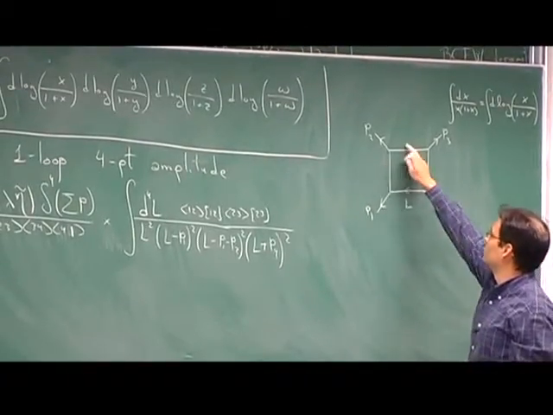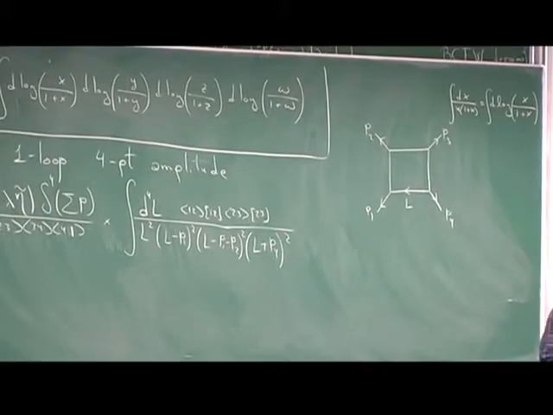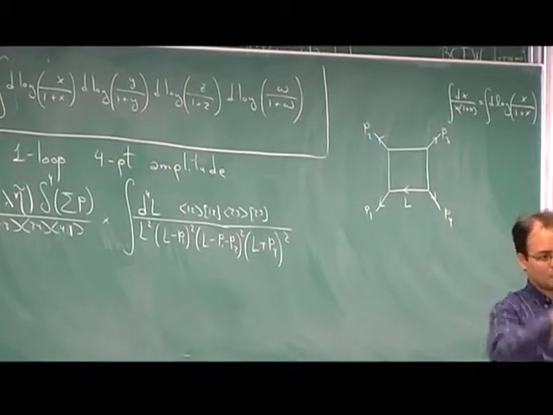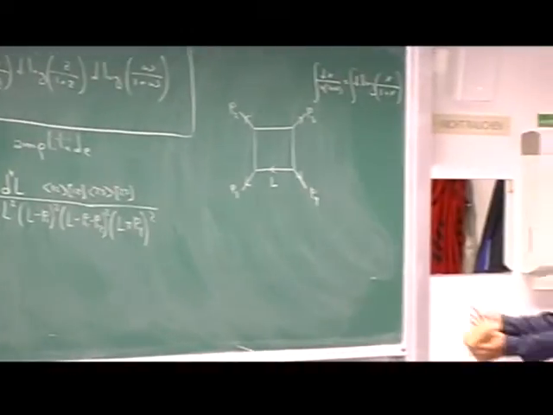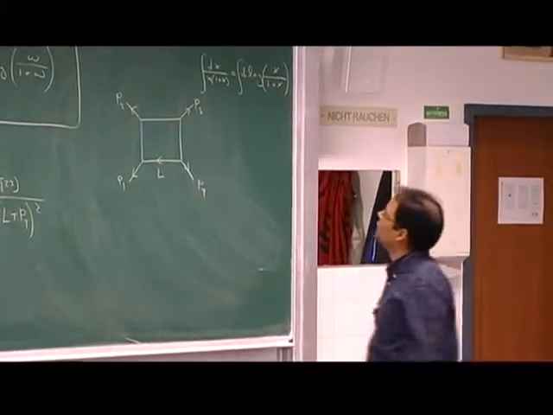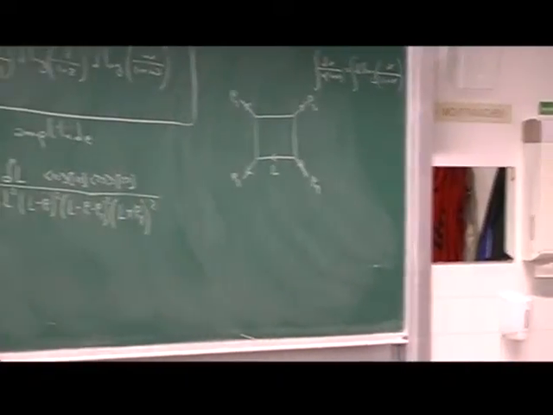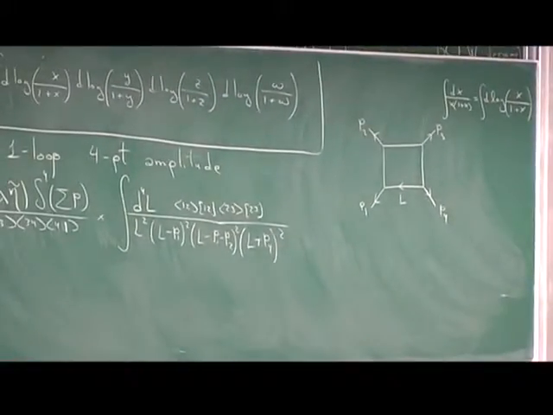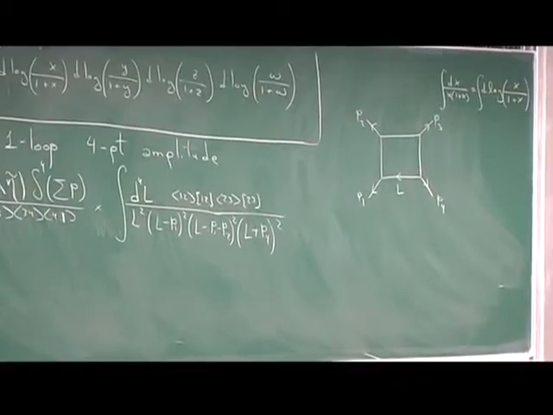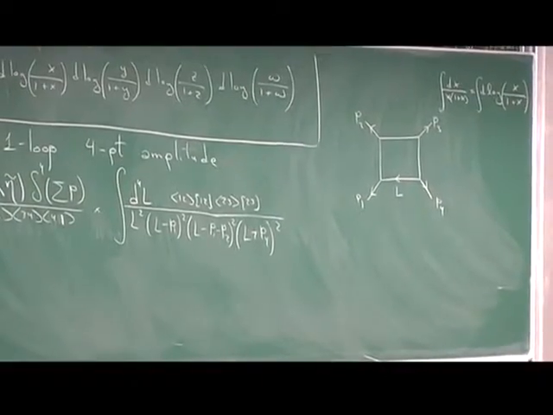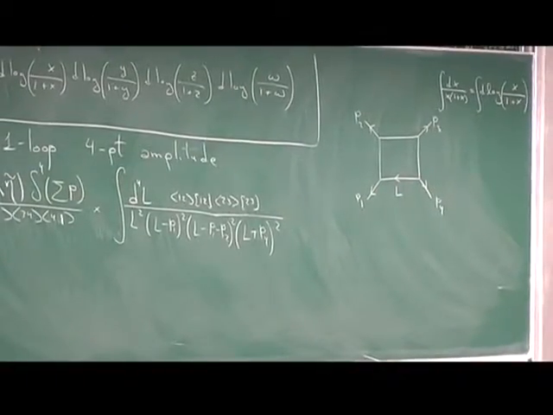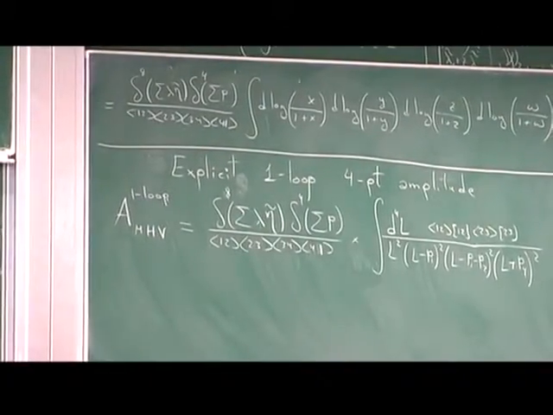I want to think about each of these guys as being off-shell particles, but each one of them independent from each other. And I want to impose constraints as they go. So let me just check the convention, because if I don't get the conventions right, so what's the convention? L.